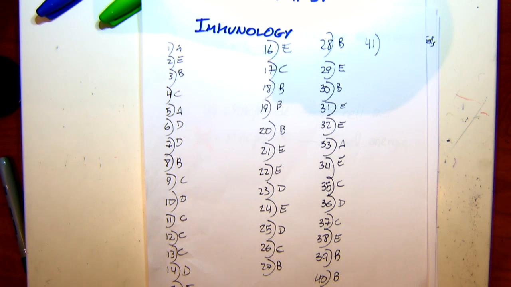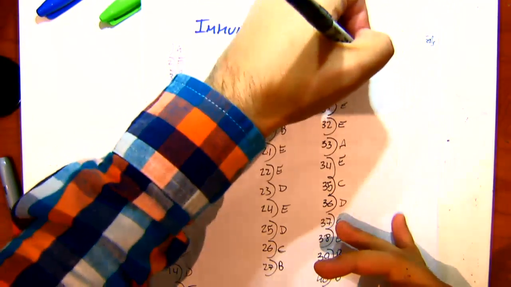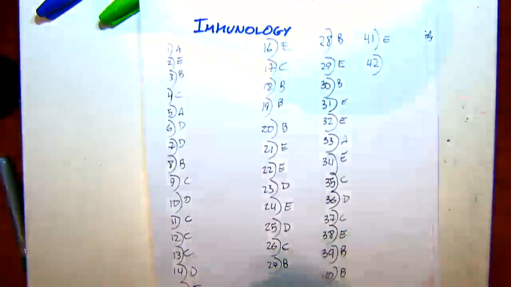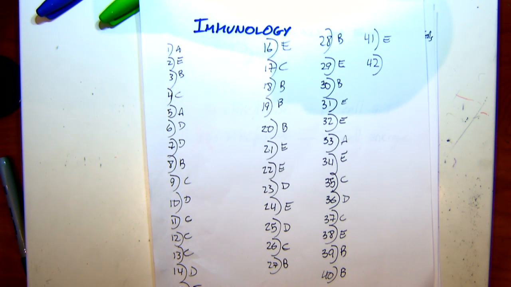So 41 is E. 42 is asking about the signals that the macrophage needs to activate T cells.